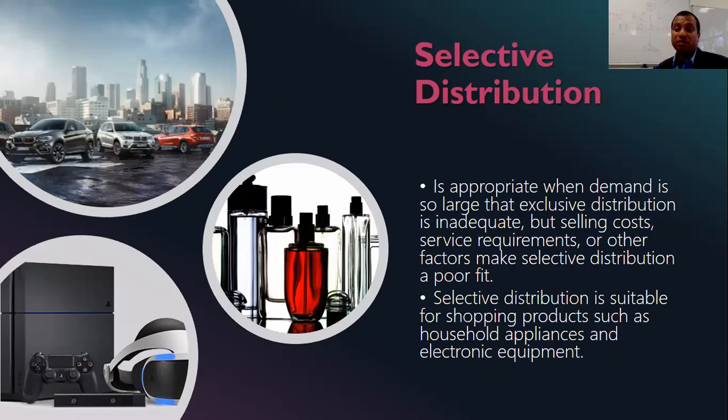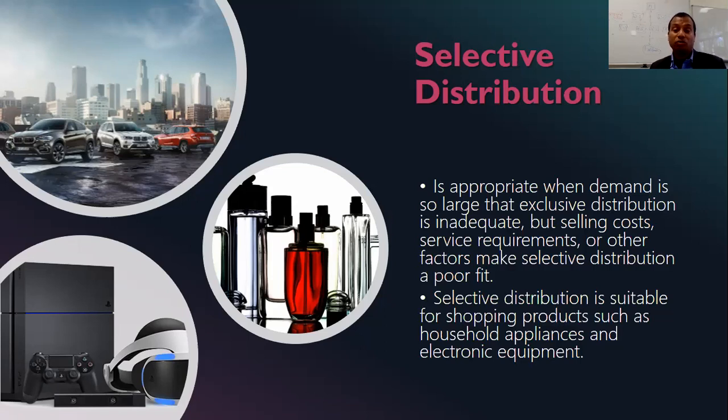Depending on the nature of the product, you might add a few more outlets. Selective distribution is suitable for products such as household appliances and electronic equipment, because they need after-sale services, guidelines, and sometimes training on how to use the appliances. So one outlet will not be enough.